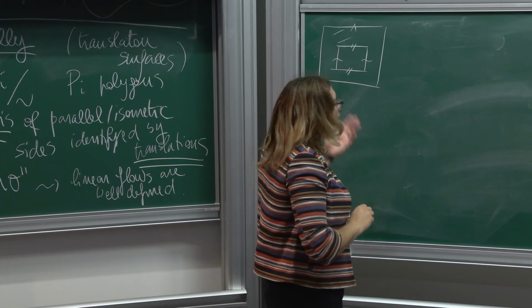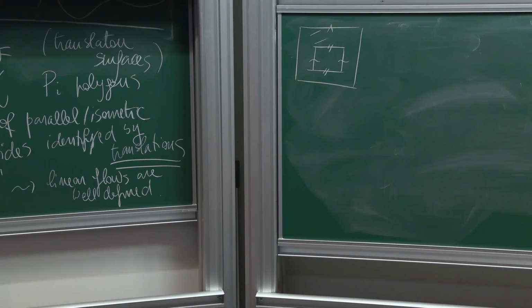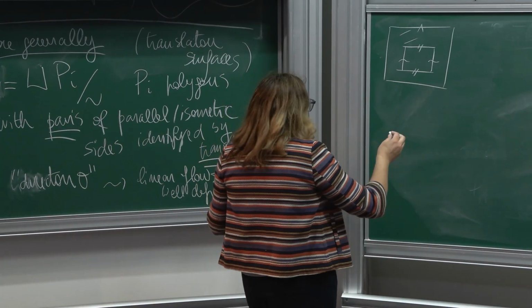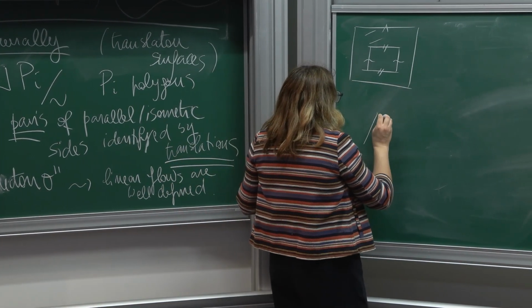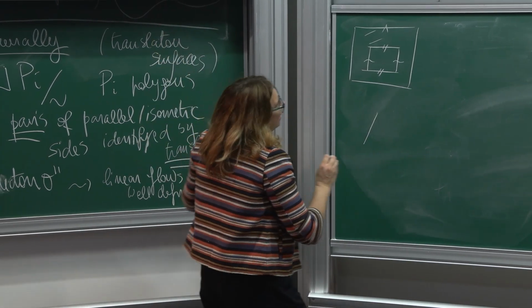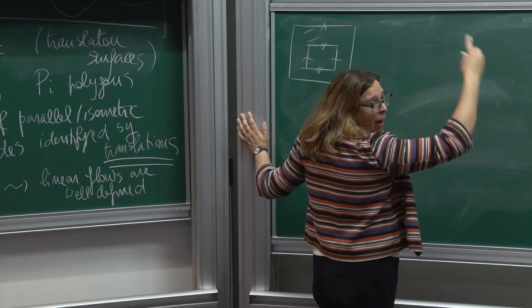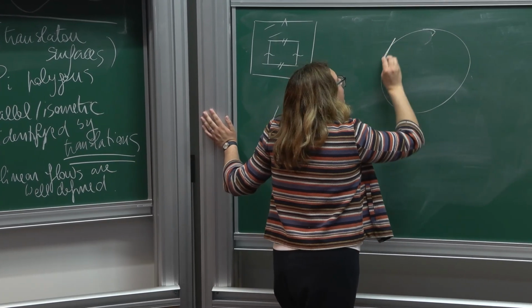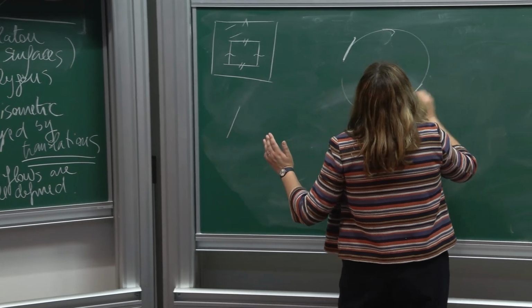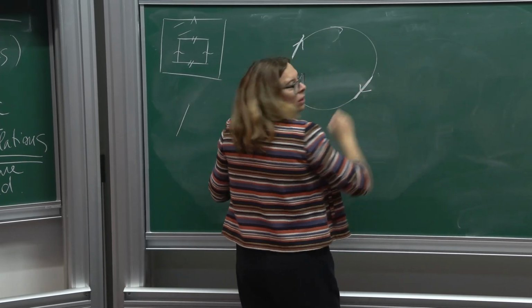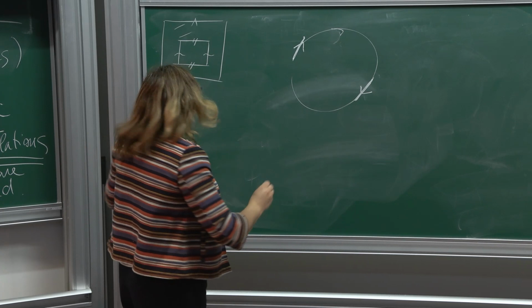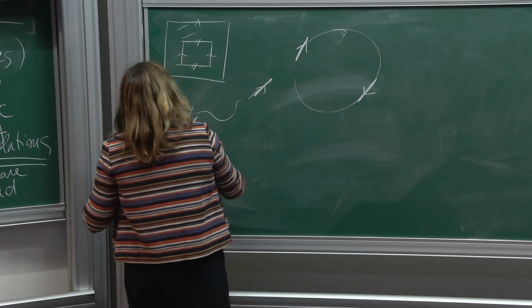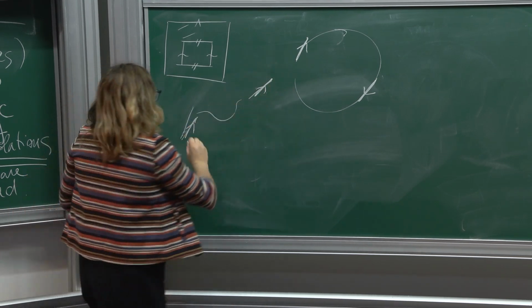There is a technical issue that I lied under the carpet. It's important that when you glue sides, you can orient the boundary of each polygon, say, clockwise, and the sides that you glue always have opposite orientation. For example, it could happen that I have a polygon with a side, and then again the same side with the same orientation.